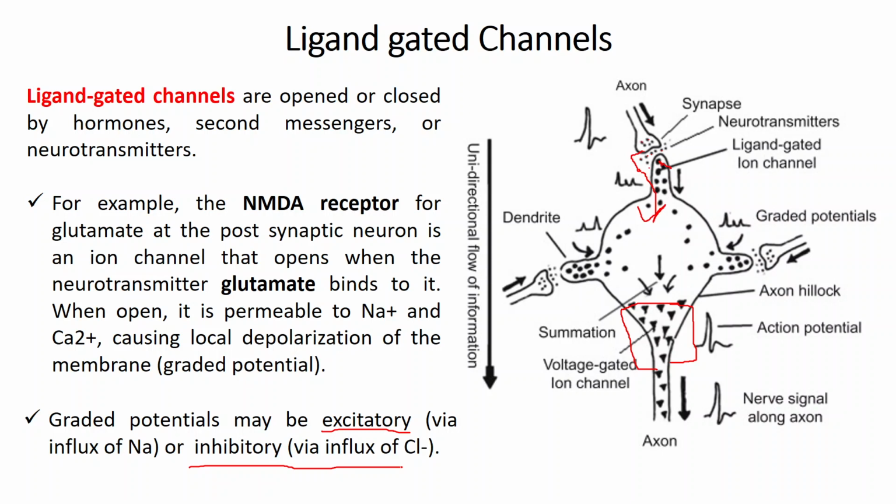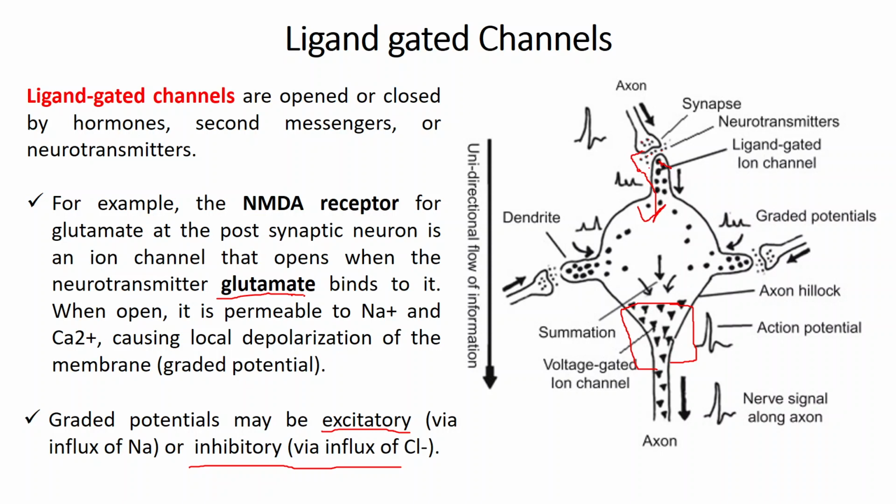An example of excitatory is when the neurotransmitter glutamate binds to the NMDA receptor, allowing sodium or calcium to get into the cell. This is an excitatory graded potential. While GABA binding to a GABAergic receptor would allow chloride to enter the cell.